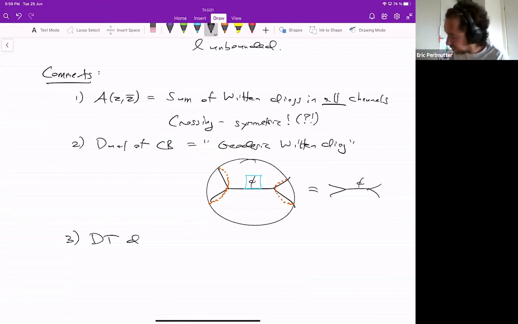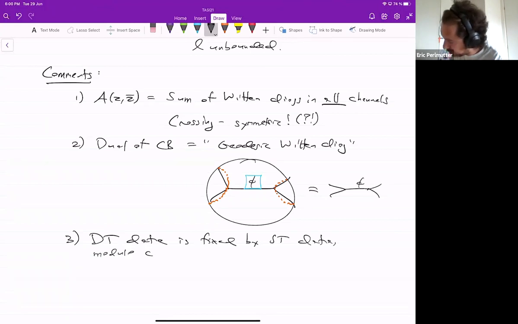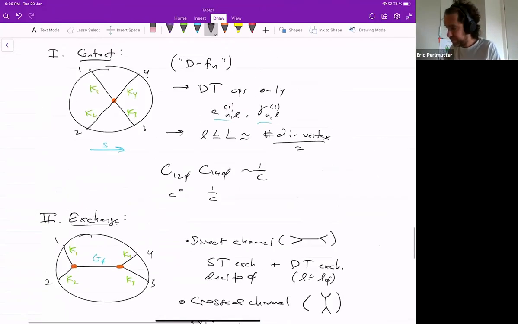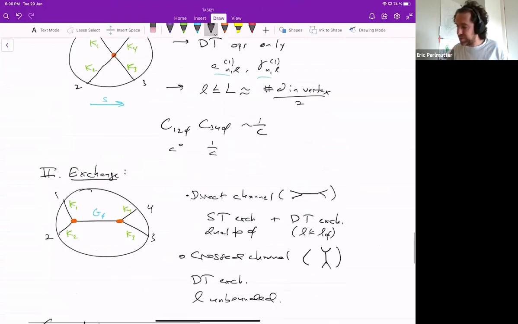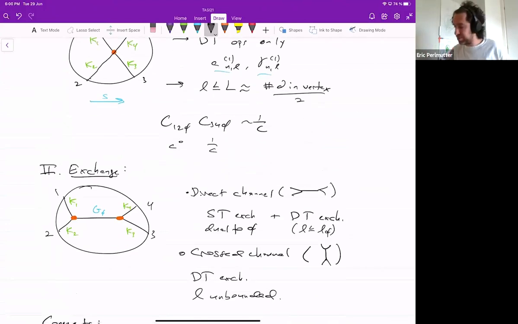The double trace data is fixed by the single trace data, modulo contact terms. We have these two different types of diagrams. The contact diagrams give you double trace contributions. So do the single trace guys, in other words, the exchanges. And so modulo the contact diagrams, for every exchange diagram, there's some contribution to the double trace data.